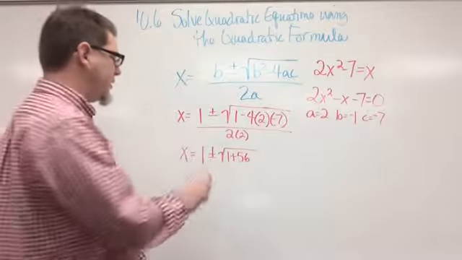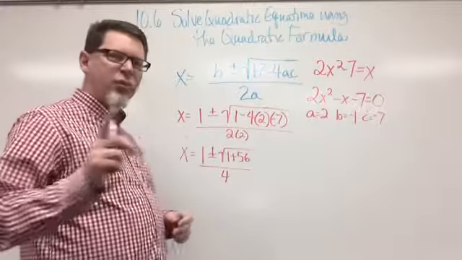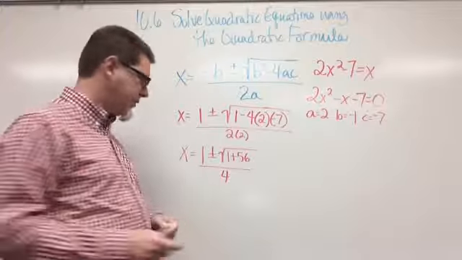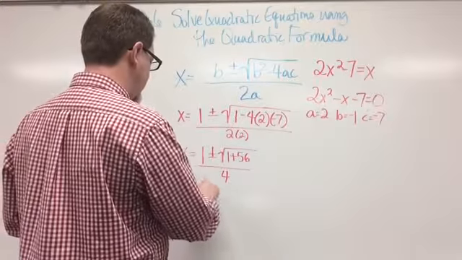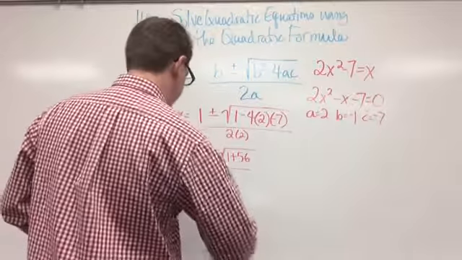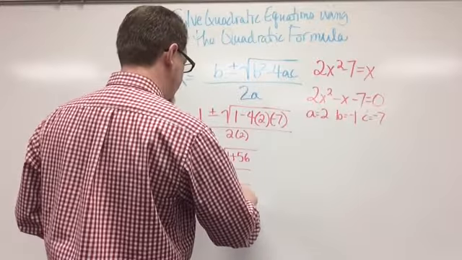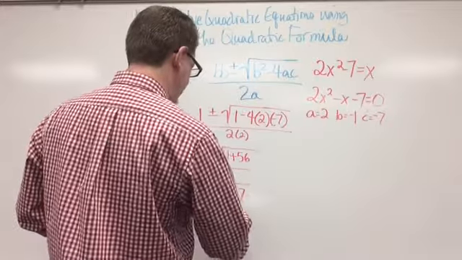So 1 plus 56 over 4. And then I'm going to do one more step, and I'm going to let my calculator do the rest. X equals 1 plus or minus the square root of 57 over 4.